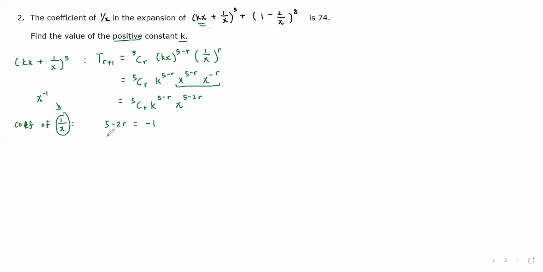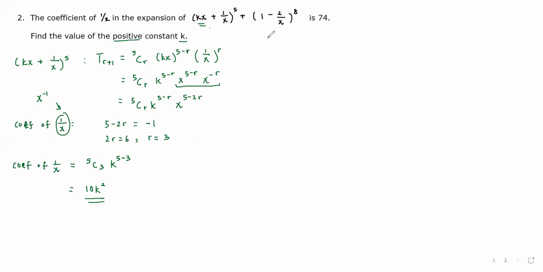So from here, 2r is 6, and r here is 3. So the coefficient of 1 over x for the first binomial is given by 5C3 and k to the 5 minus 3. And this gives you the value of 10k squared. So that is the first one that we have.